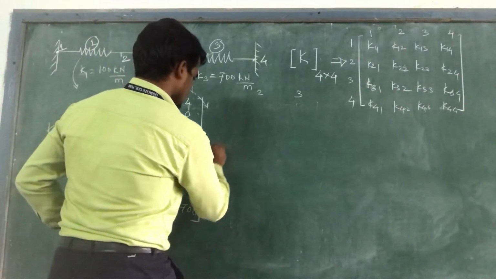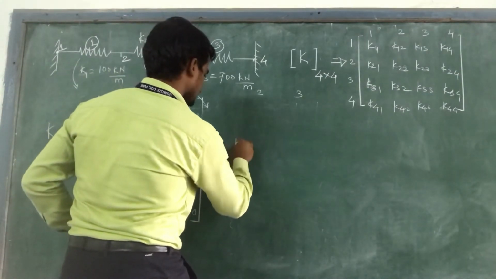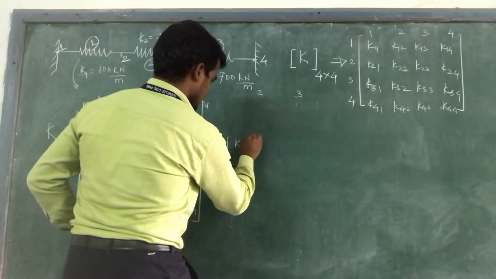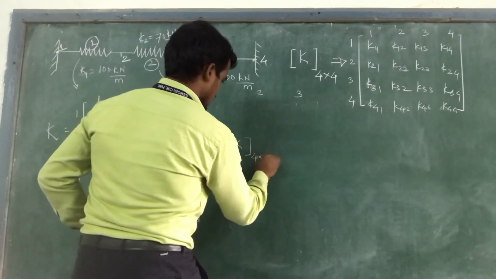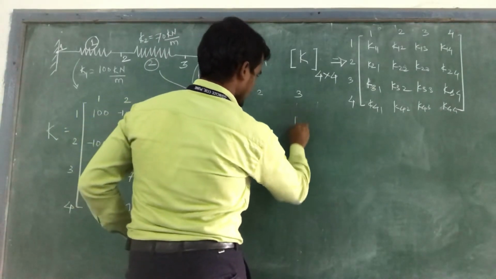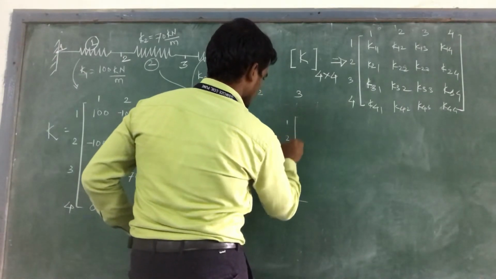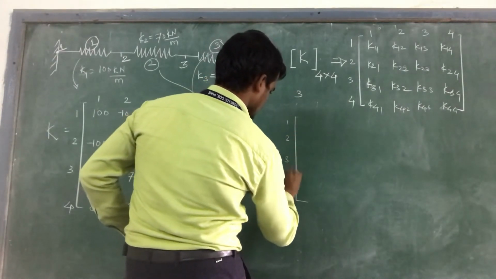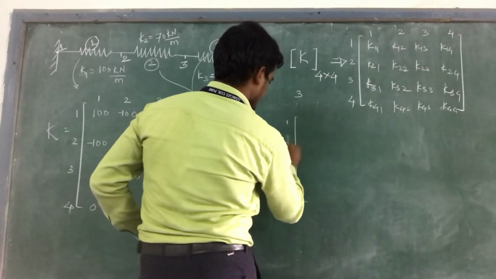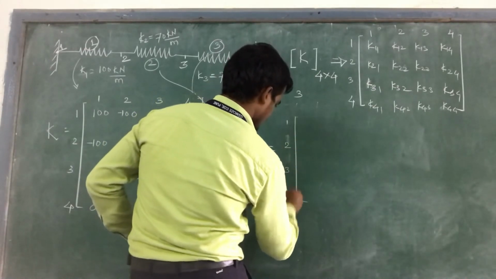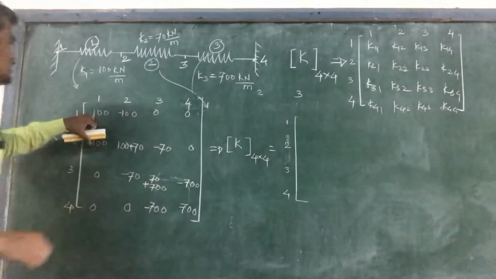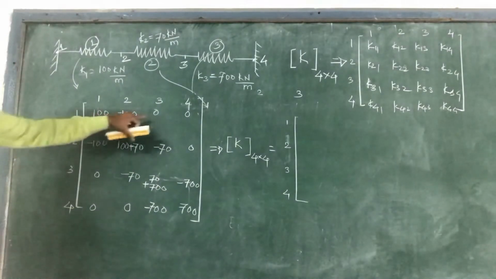this will be equal to the global stiffness matrix K of order 4x4, which will finally become, with columns 1, 2, 3, 4. The first row will become 100, minus 100, 0, 0.